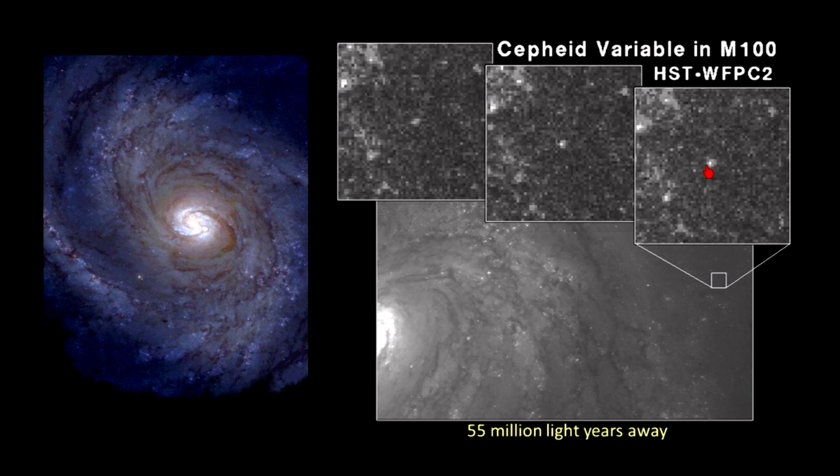And you can see here are 3 frames of this Cepheid variable that's becoming brighter and fainter. Using the period luminosity relationship from Henrietta Leavitt, we now have the ability to get the distance to this galaxy, and we can figure out that the galaxy M100 is 55 million light years away.